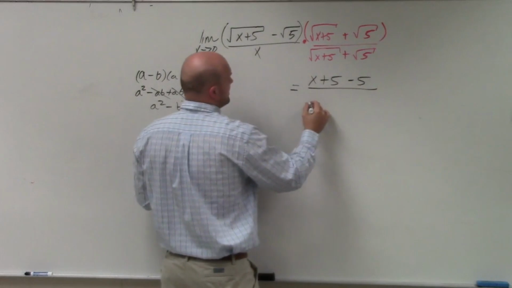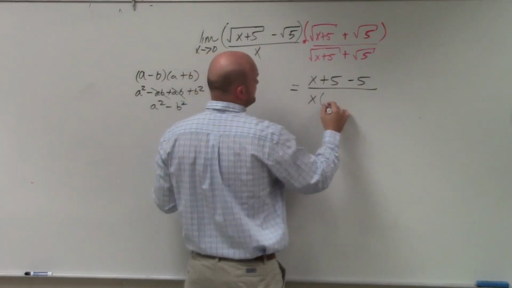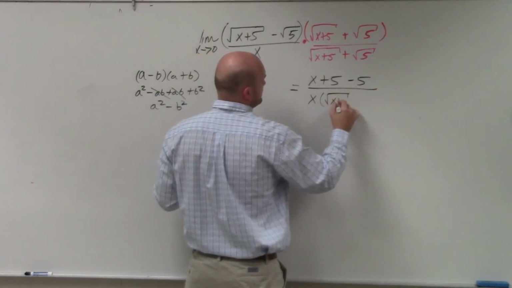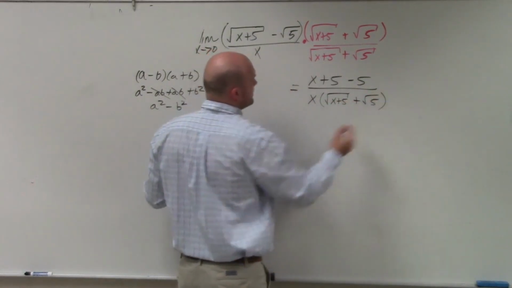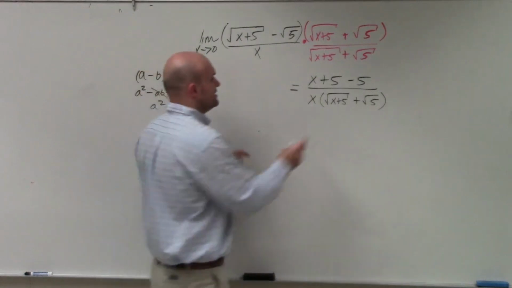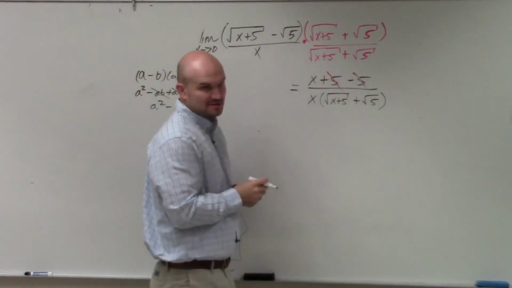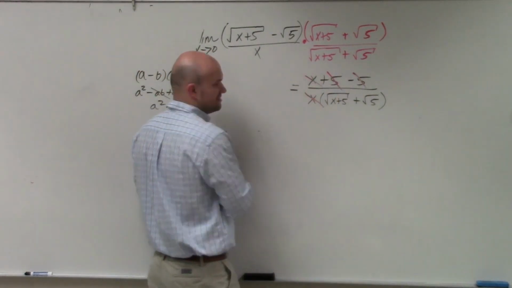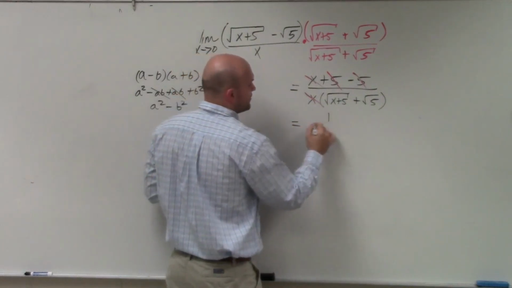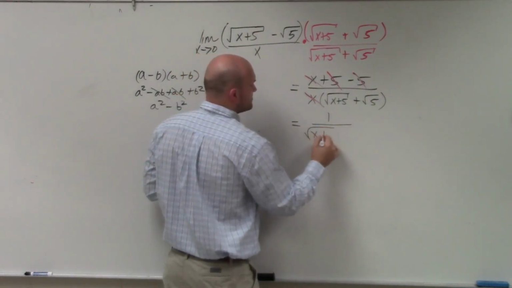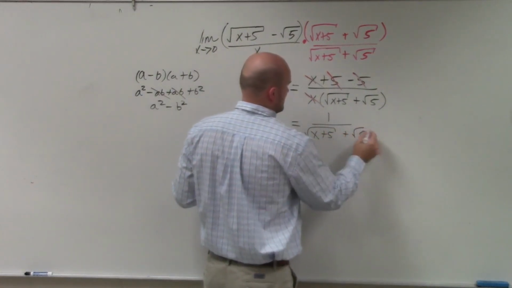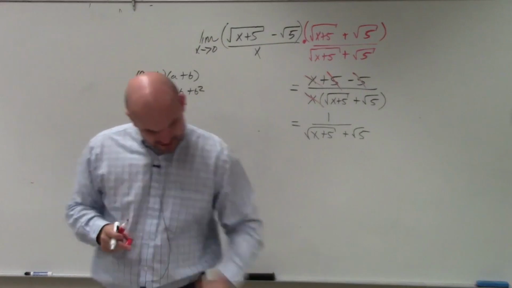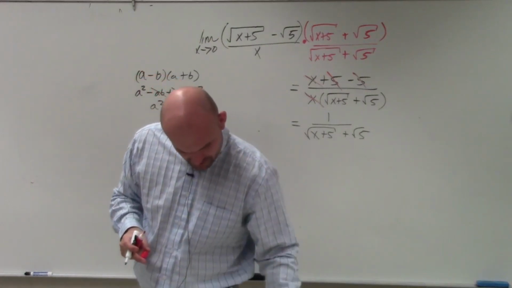And then over here, I'm not going to distribute this through. I'm just going to leave it just like this. Obviously, you guys can see that the 5s divide out. The x's divide out, which just leaves me with 1 over the square root of x plus 5 plus the square root of 5.